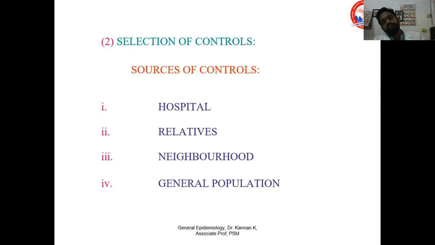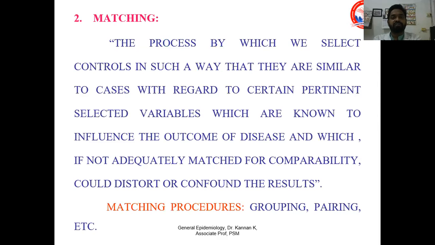Then neighborhood and general population will give a check on environmental impact. Neighborhood will have the same environment just like a patient. So if we take neighborhood controls, we can have a check on environmental factors on the particular disease under study, right? So this is selection of controls. Sources of controls are hospitals, relatives, neighborhood, and general population.